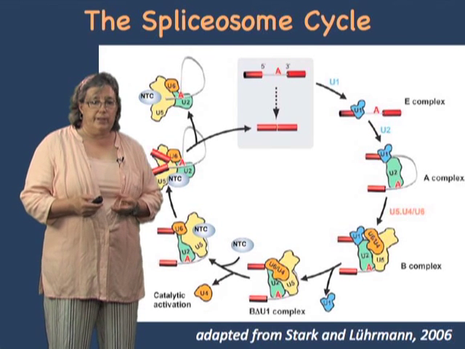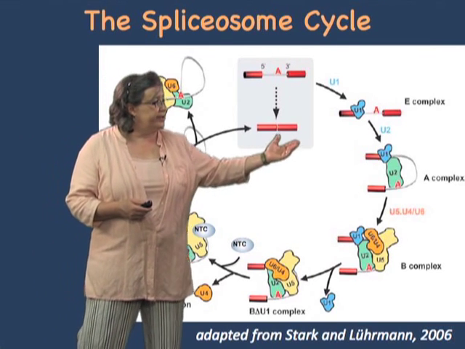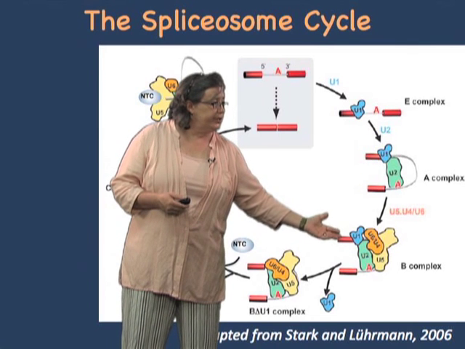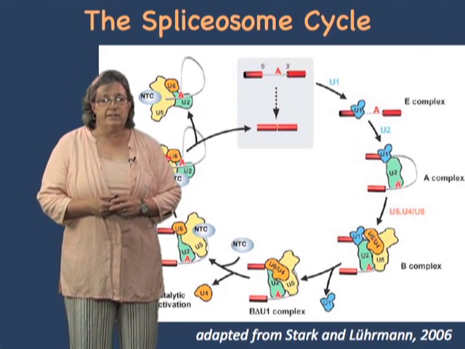But what I want to show you here is that the major pieces of the spliceosome are these components called U1, U2, the triple SNRP U4/U6/U5, and the 19 complex, or the NTC.